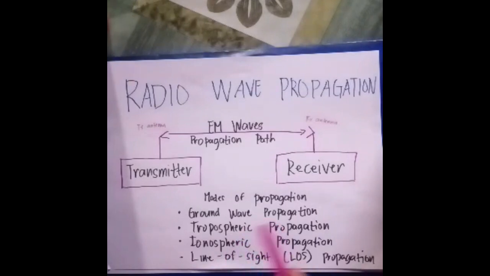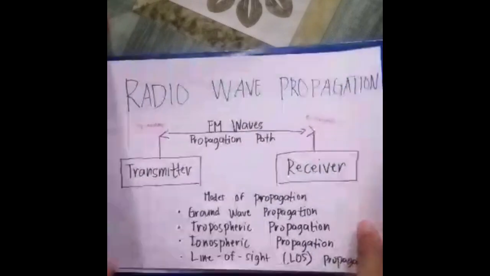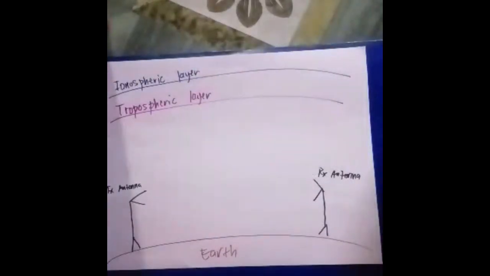These are the different modes: ground wave propagation, tropospheric propagation, ionospheric propagation, and line of sight propagation. Let's proceed to the diagram where every mode will be explained.